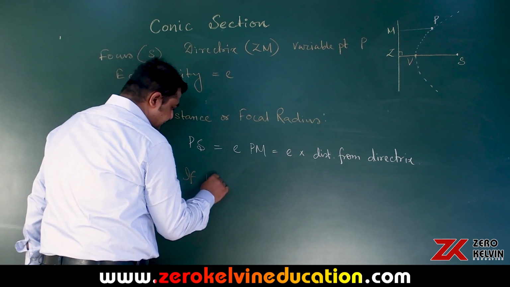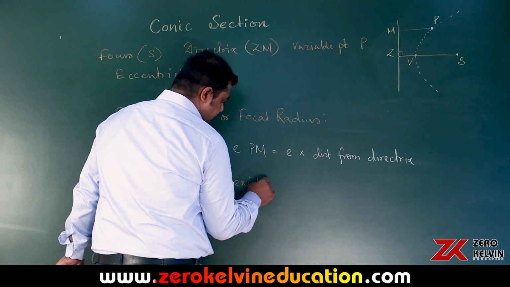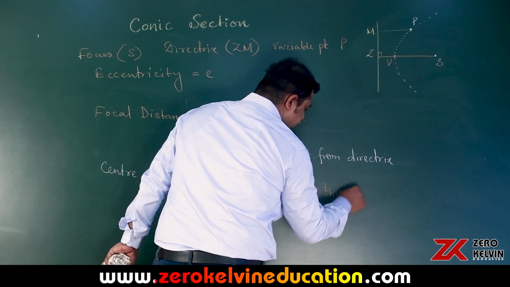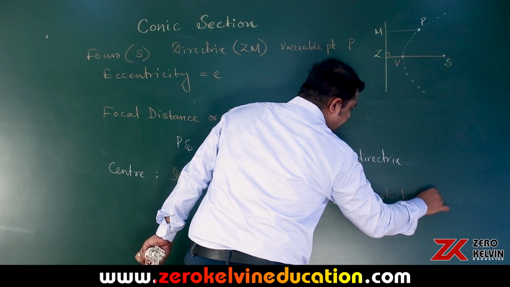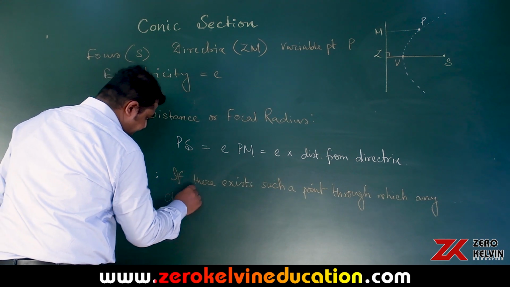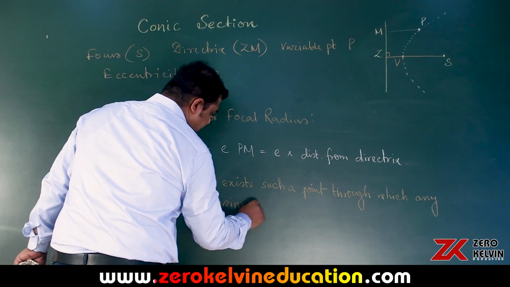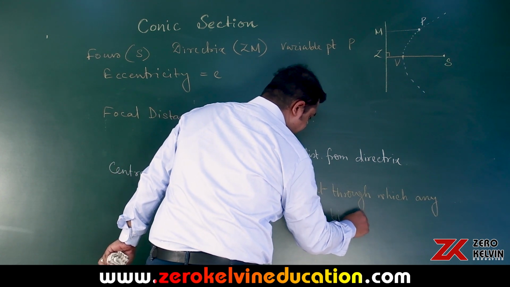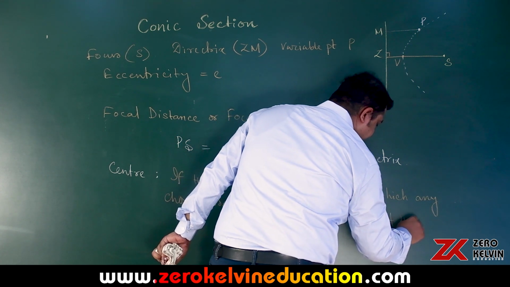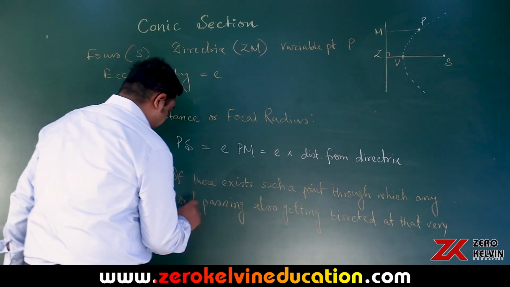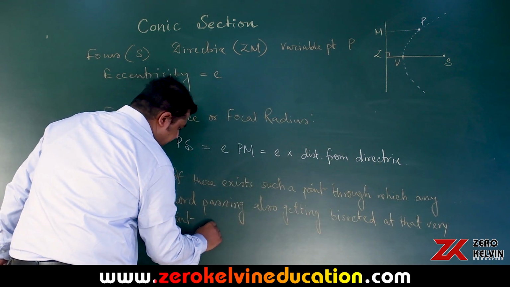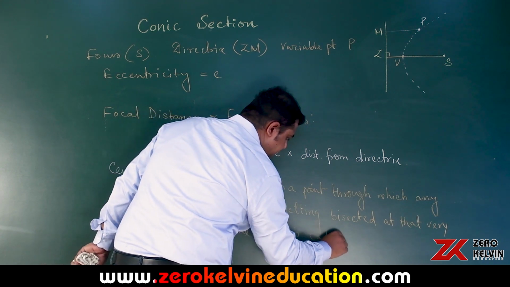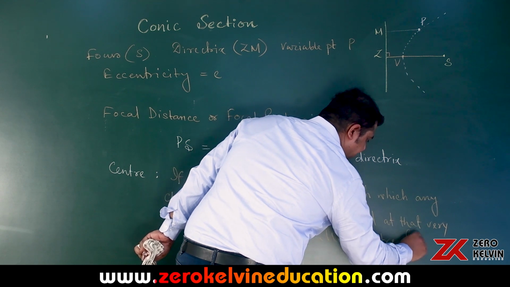So, if there exists such a point through which any chord passing is also getting bisected at that very point, then the point is called the center of the conic.